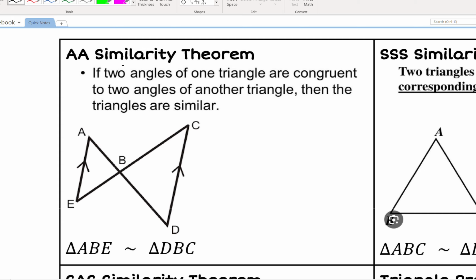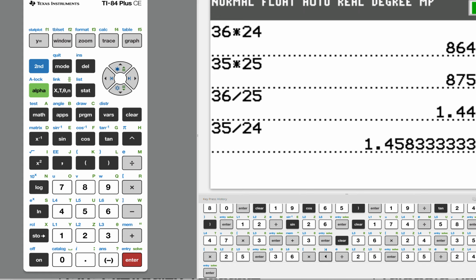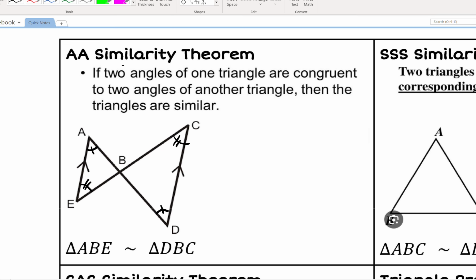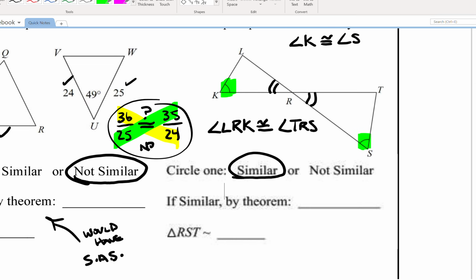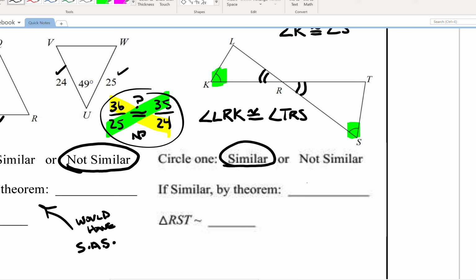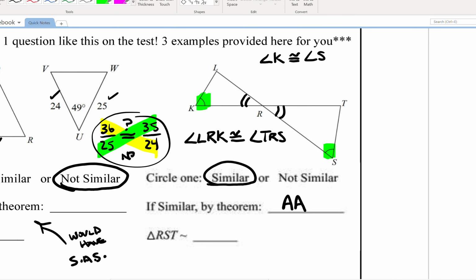You can show that this angle and this angle, because they're alternate interior angles, are congruent to each other, and this angle is congruent to this angle right here. Therefore, by angle, these two triangles are similar. And that's what we've shown here also. So these are similar by the angle theorem of similarity.